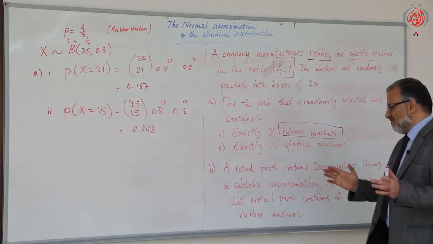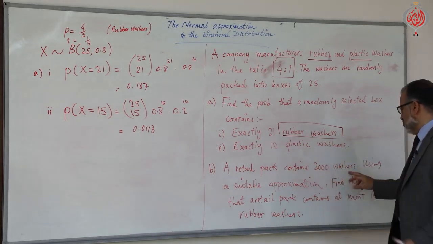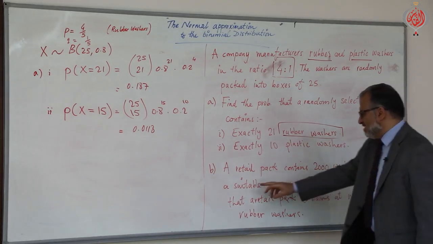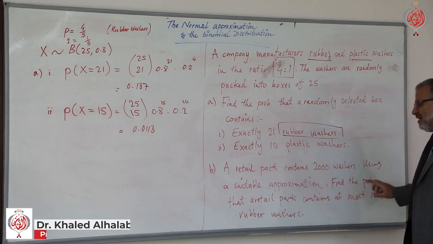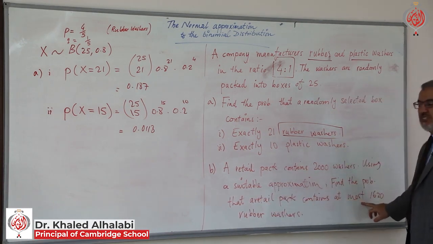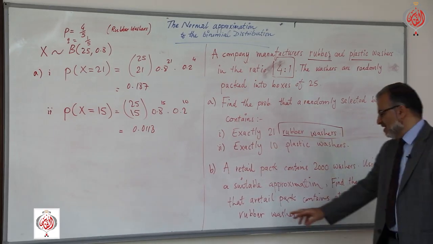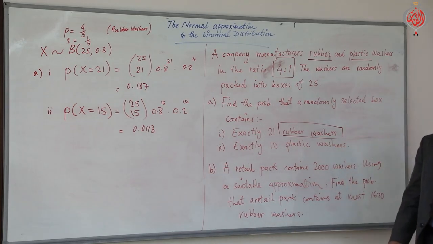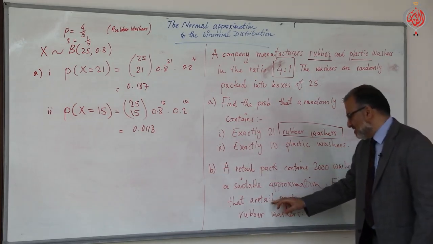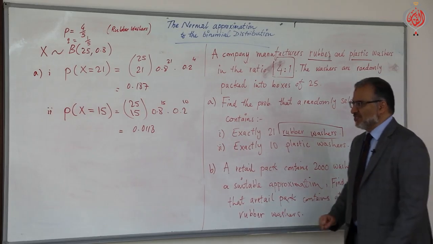Using a suitable approximation, find the probability that a retail pack contains at most 1,620 rubber washers.